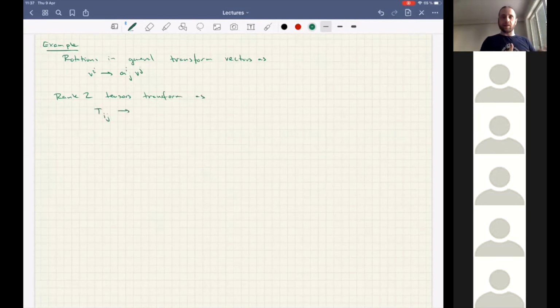Well, since it's the tensor product, let me write the indices upstairs. But Tij goes to Aik Ajl Tkl, right? So what we have in front here now are the components of a 4 by 4 matrix, essentially.